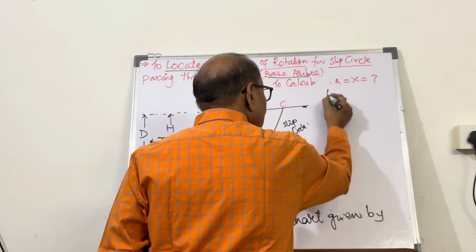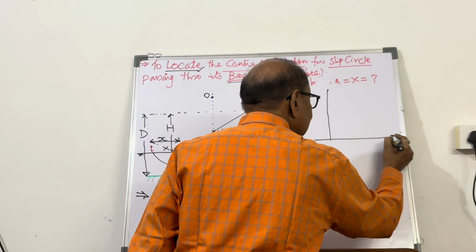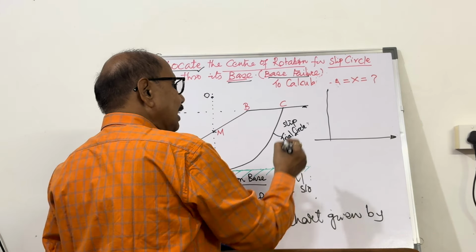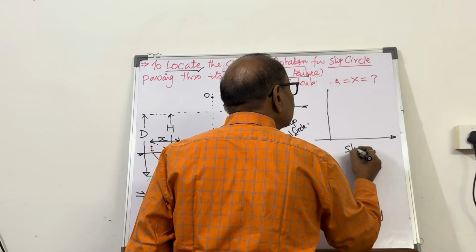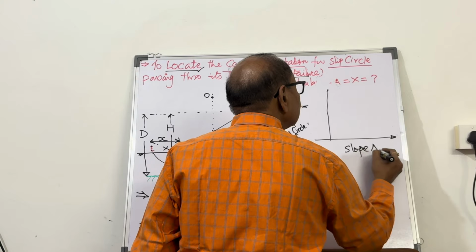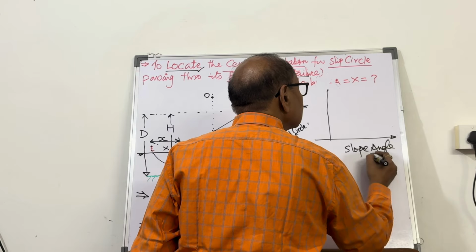So what you are going to have is on the x-axis the slope angle, beta.